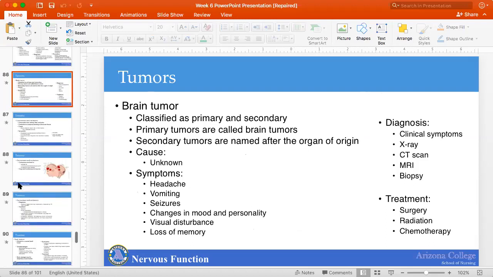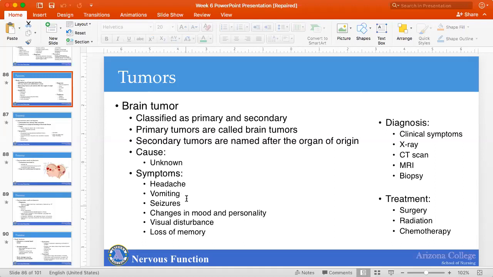Okay, now looking at brain tumors, classified either as primary or secondary. Primary tumors are called brain tumors. Secondary tumors are named after the organ of origin, so if it's metastasized from somewhere else, and the cause is unknown.